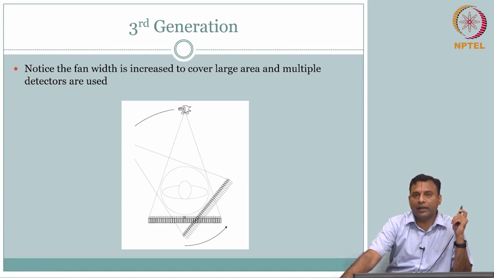But then the natural question is, what happens to the quality? Are you losing somewhere? Well, you notice even in the second generation, when you had multiple lines, you had to use a collimator. So the effect of the collimator is going to be there. Upfront, your image quality is affected because you are going to have Compton scattering, and you have to account for that.